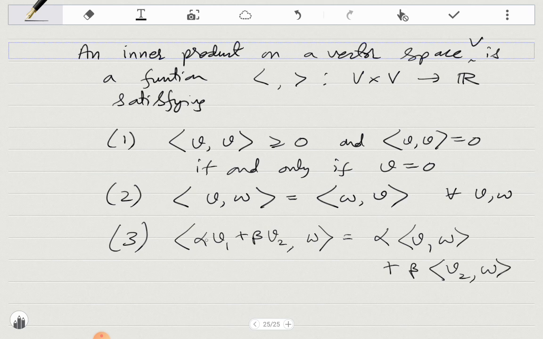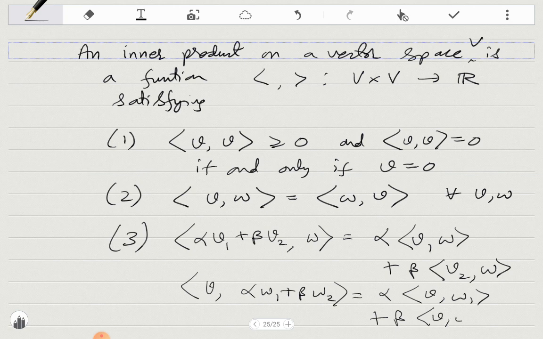And using 2, one can see that the same property holds here. I fixed the second vector variable w and got linearity in the first one, but property 2 will imply the same thing in the other variable. So let me write it down anyway: the inner product of v with alpha w1 plus beta w2 equals alpha times the inner product of v with w1 plus beta times the inner product of v with w2.